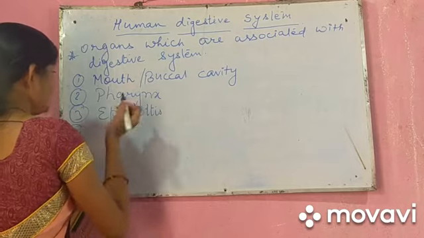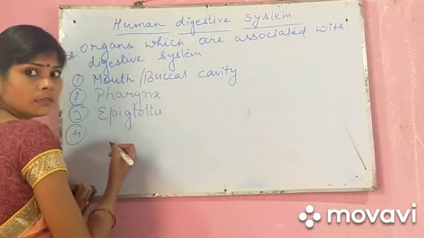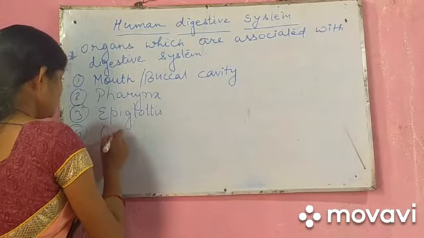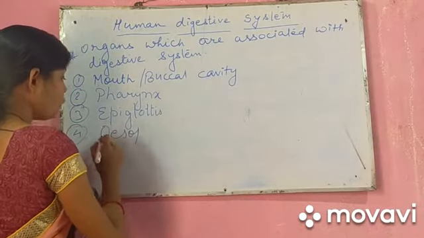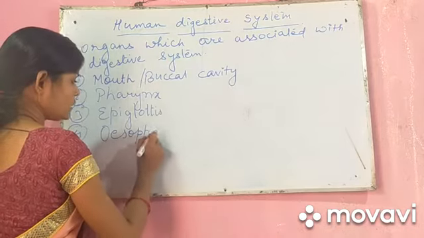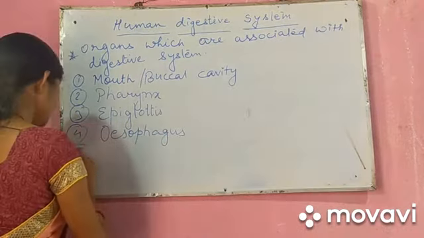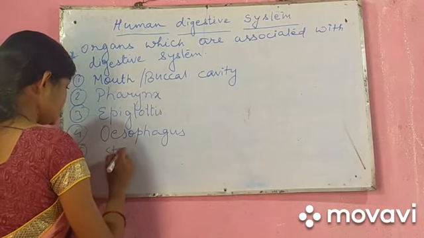Next one after epiglottis, esophagus. O is silent here, hence it is known as esophagus. After the esophagus is stomach.